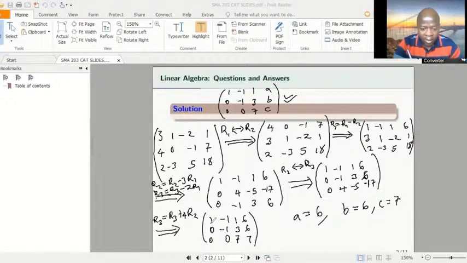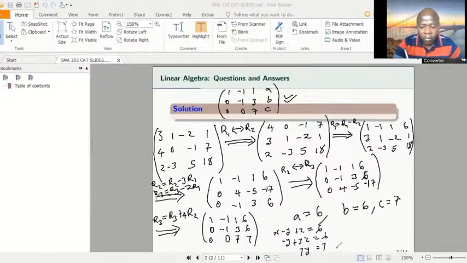So I just come back here using this matrix. What I have there is X minus Y plus Z is 6. In the second equation here, I have -Y plus 3Z is 6. And then this last one I have 7Z is equal to 7.